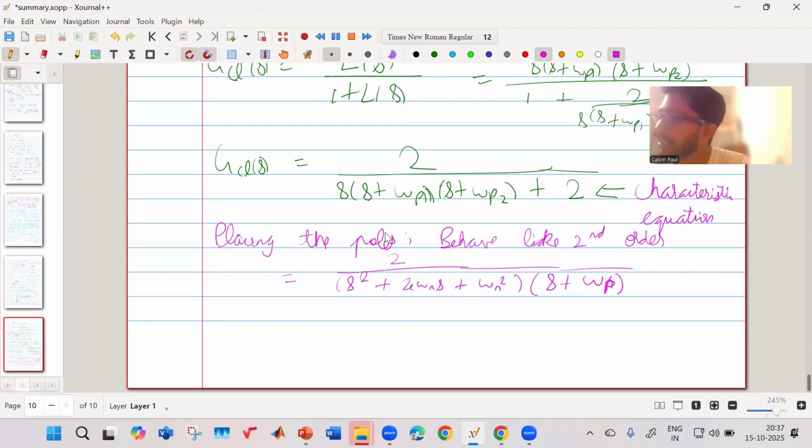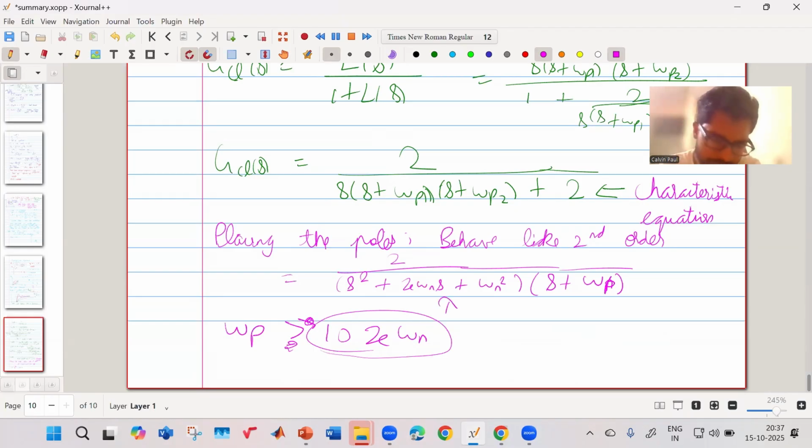So what is done is, your omega p is placed greater than 10 into zeta omega n. That is, the pole is placed 10 times more than the real part of these poles. Just hold on, I'll drink water.